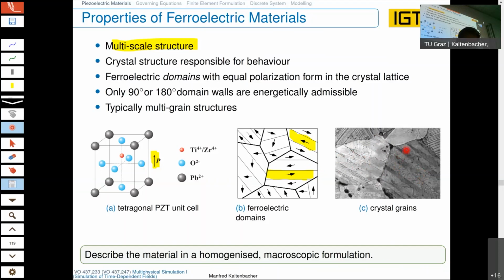But on a macroscopic scale, when you add up all these vectors, you get no resulting polarization in the initial phase. And that means we once have to polarize such a material to get a permanent electric polarization within the material.